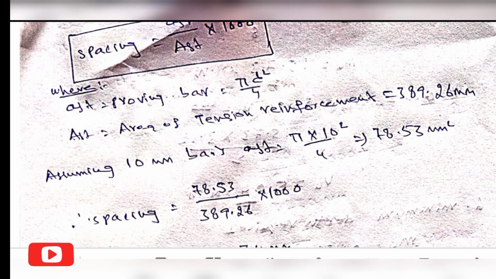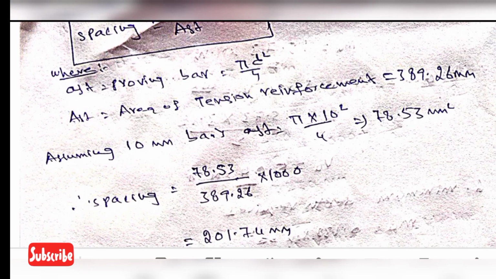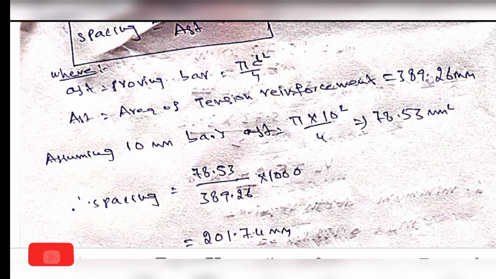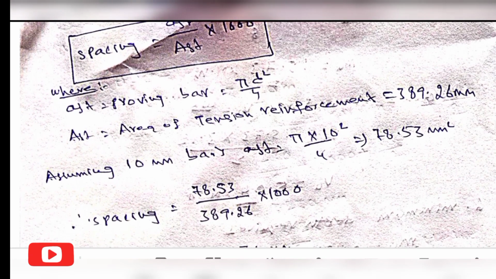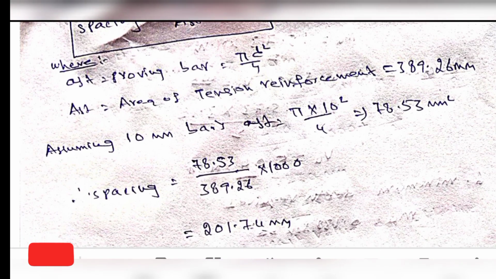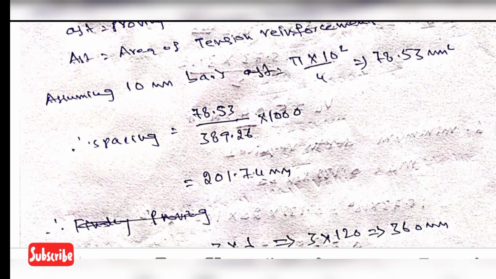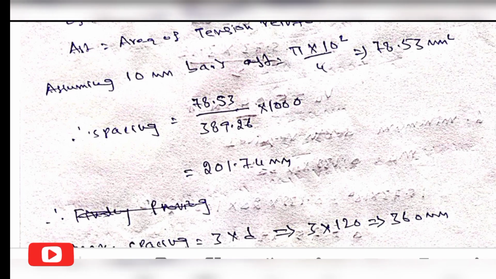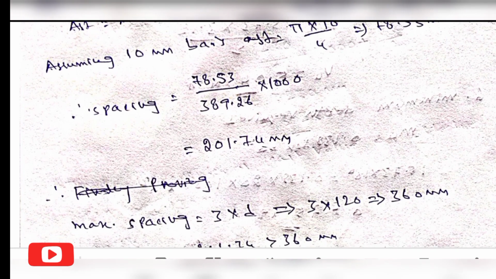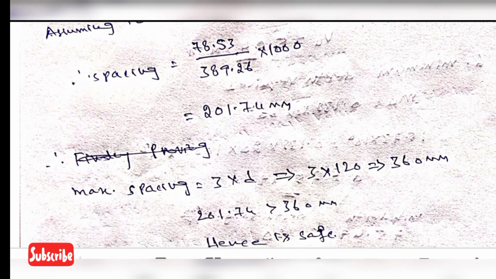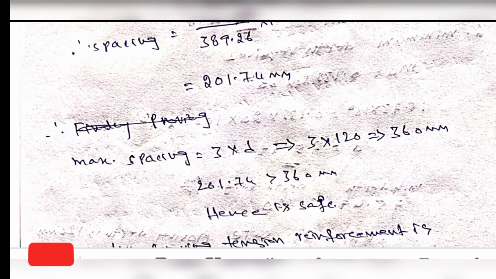By assuming 10 mm dia bars, the area is pi d square by 4, pi into 10 square by 4, which is 78.53 mm square. Then finally spacing is small ast by capital AST, 78.53 by 389.26 into 1000. Then spacing is 201.74 mm.